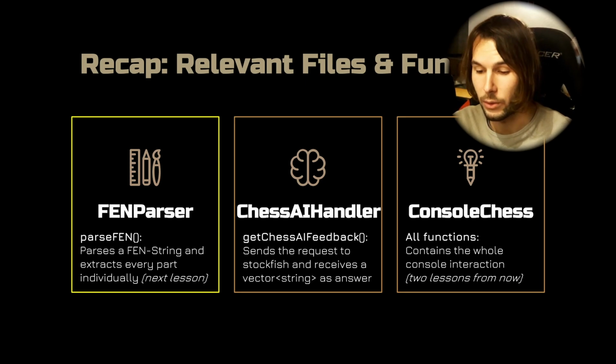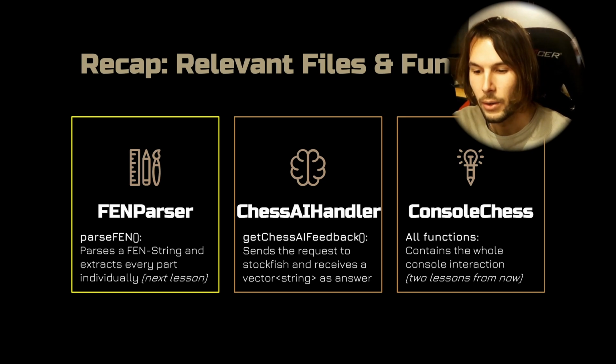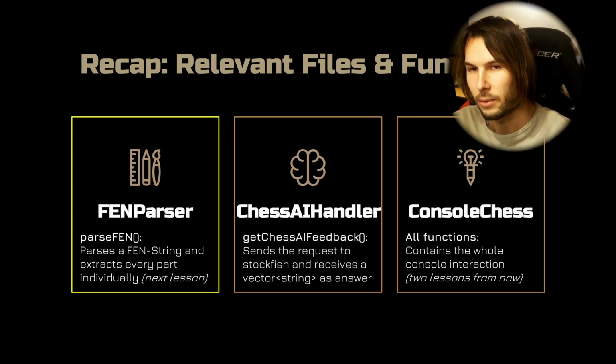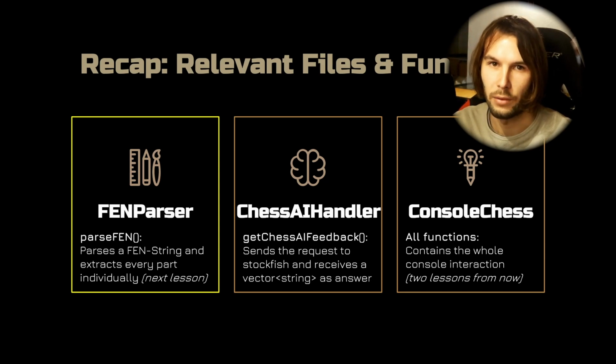And today we're going to do the FEN parser. To be specific, we will implement the method parseFEN, which parses a FEN string and extracts every part individually. Then we have the next lesson, which will be the console chess program. So we have the whole working program from there. Well, see you in Visual Studio.